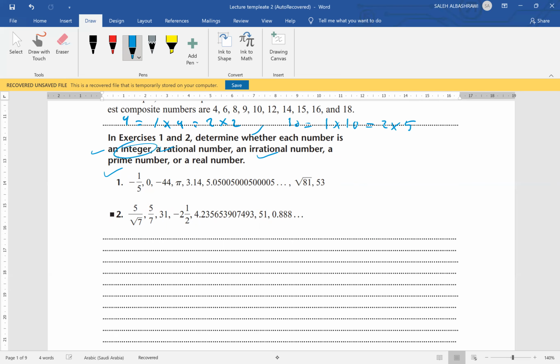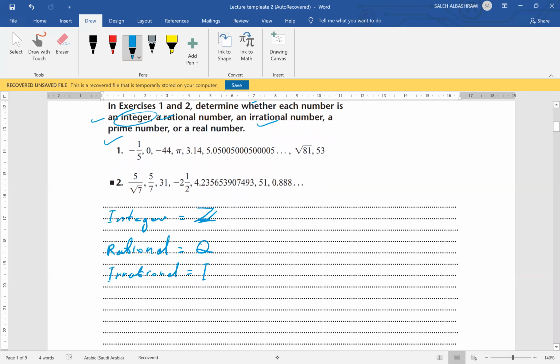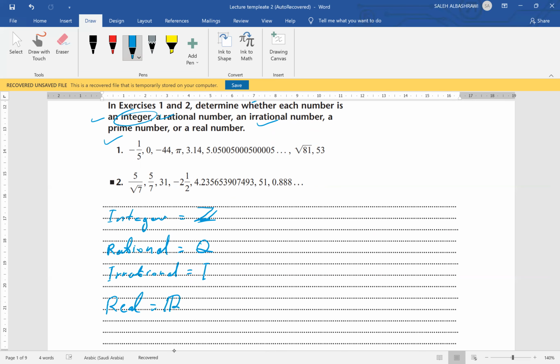We are using Z for the integers, Q for the rational numbers, I for the irrational numbers, and R for the real numbers, and also we have prime numbers.